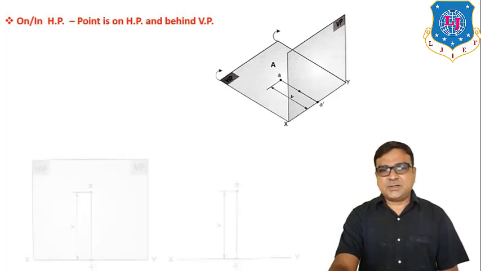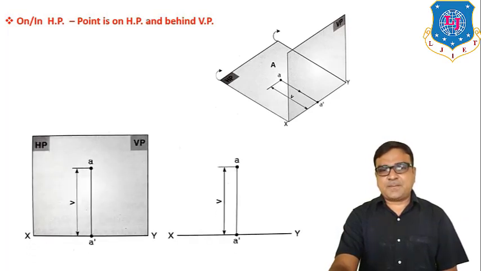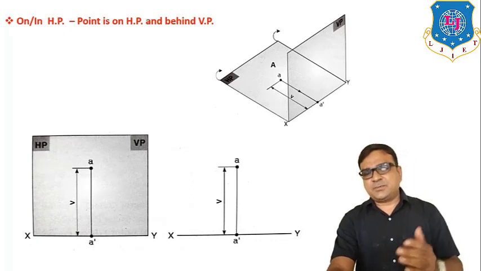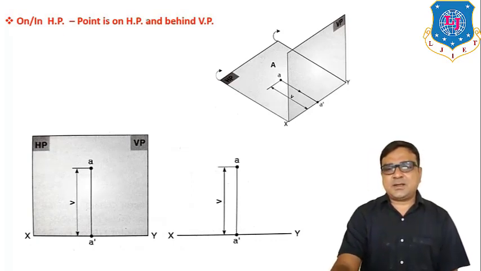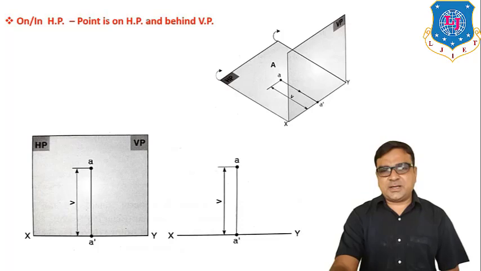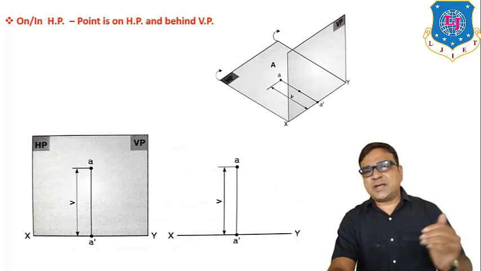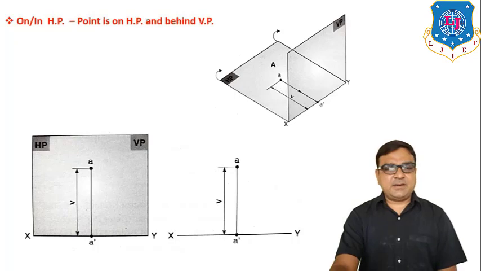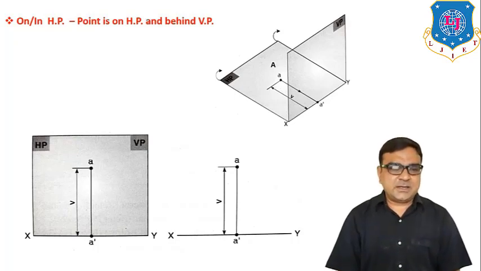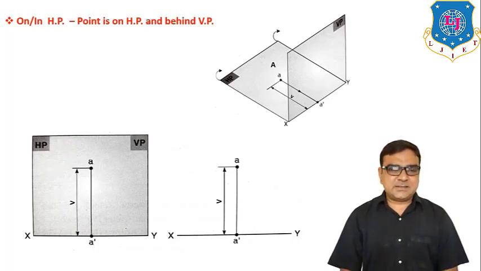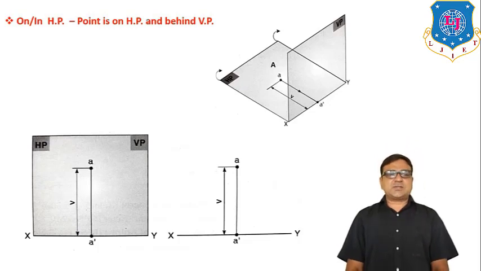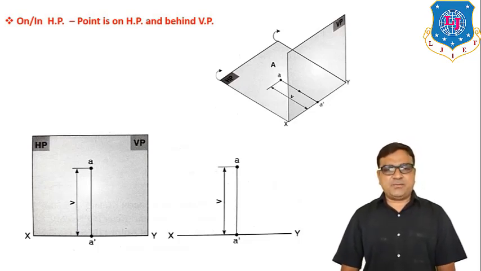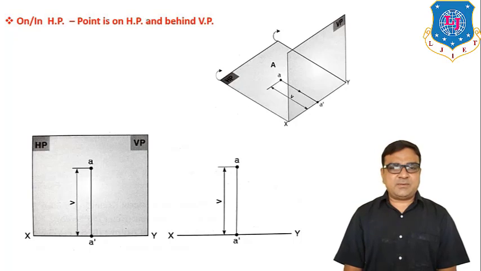When you're looking from the front view and top view, the projection of A on the horizontal plane is small a, and on the vertical plane it is A dash. Here also the front view is on the XY line. Now by moving the horizontal plane clockwise 90 degrees, our projection looks like this, in which A dash is on XY and small a, the top view, will be above XY at V distance.